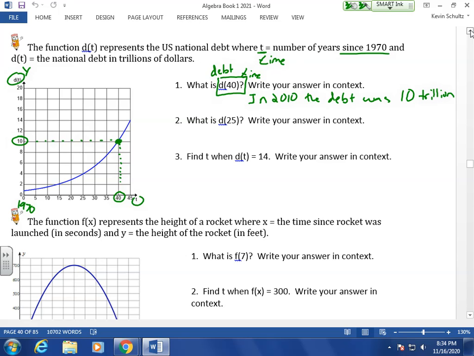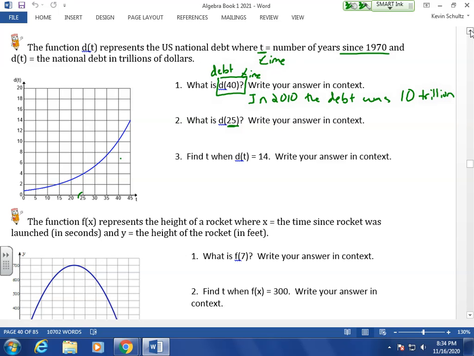The next one, what is d of 25? So this is the same situation as the first one. Now it's saying, oh, okay, 40 years, it was 10 trillion. What about 25 years after 1970? So we're going to do the same thing here. We're going to go to our t, right? It's giving us the input, that x-axis value, which happens to be time here.